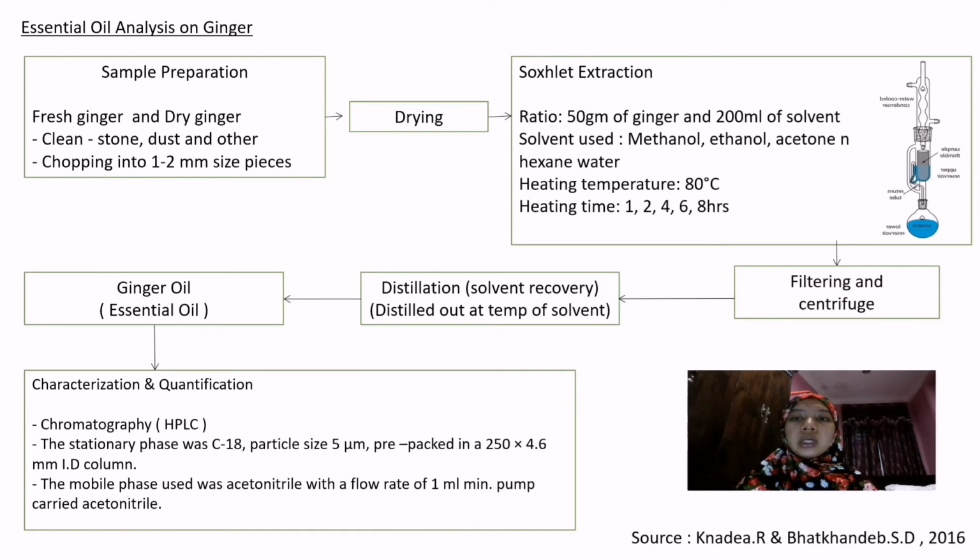The solvents used are methanol, ethanol, acetone, and hexane, water. Then, after the extraction is filtering and centrifuge. For solvent recovery, next is distillation, and ginger oil or essential oil will be produced. For separation, chromatography HPLC was used, high performance liquid chromatography.